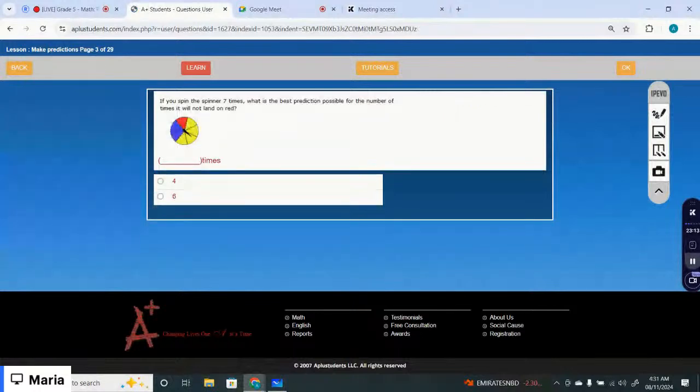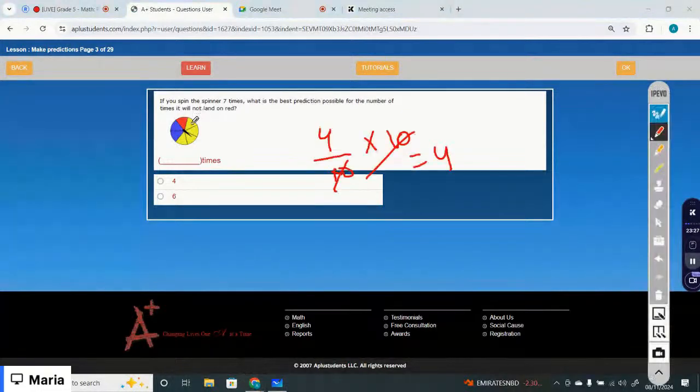If you spin the spinner 7 times, what is the best prediction possible for the number of times it will not land on red? Which is the correct option? Not red means there are other colors, so you have 6 over 7 because the total portions are 7, right?